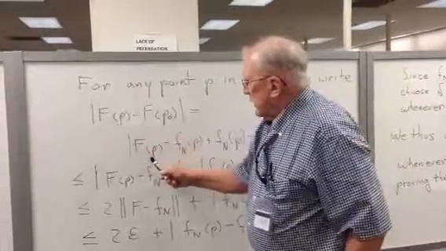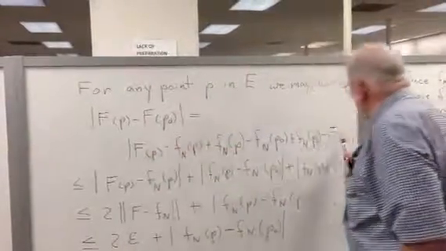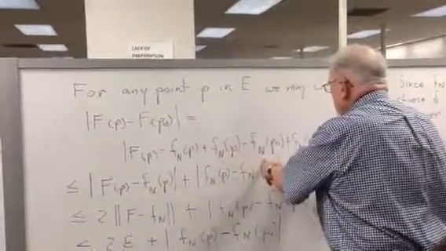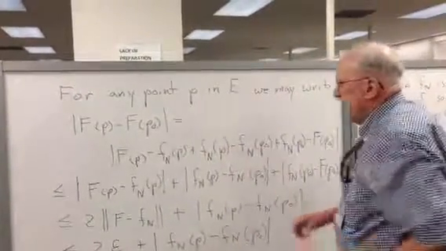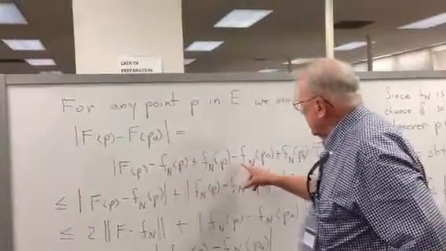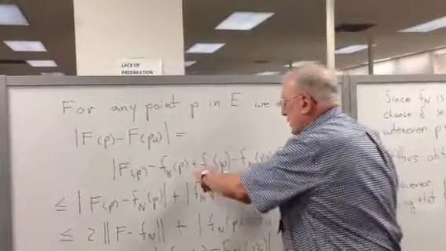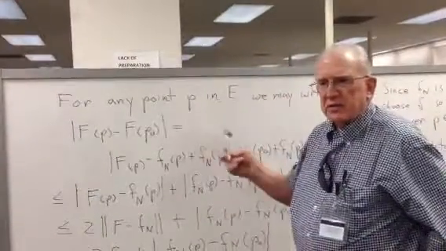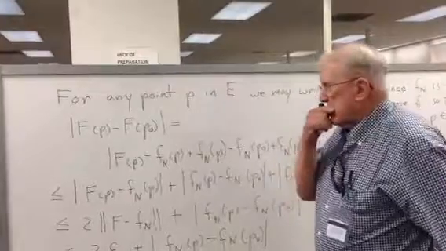This is the leading term, this is the trailing term, and then we put in 2 terms and 2 terms here, which are nothing more than addition and subtraction of the same term. It's a mathematical trick to assist us in our proof of our theorem.